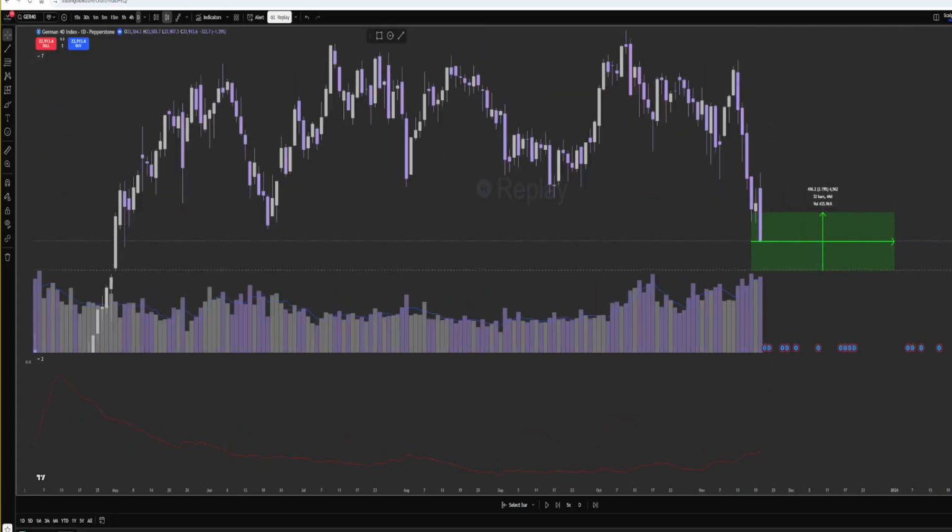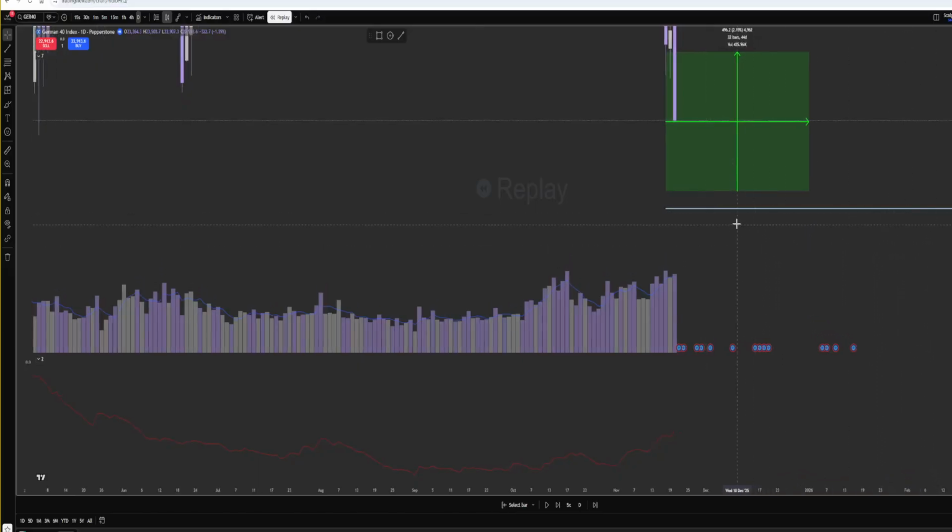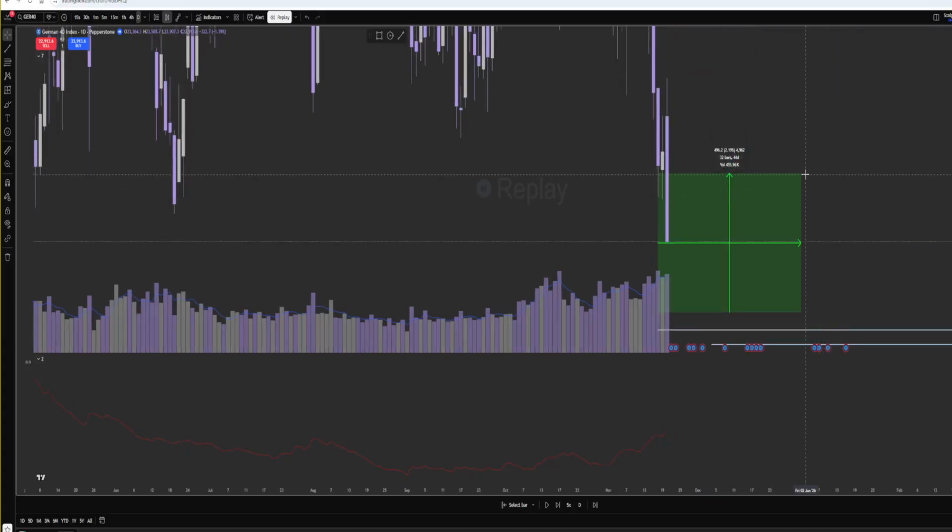I'm just gonna draw approximate areas. We need to go to around here, and we need to go down to here, and 50 more. We also take up here, around here and here and here.